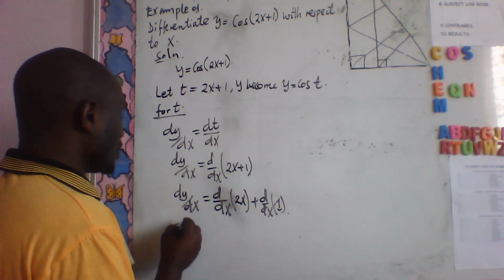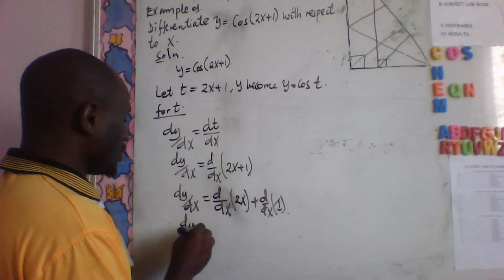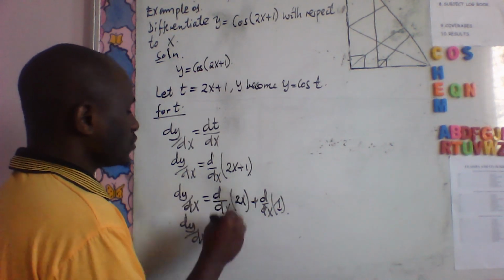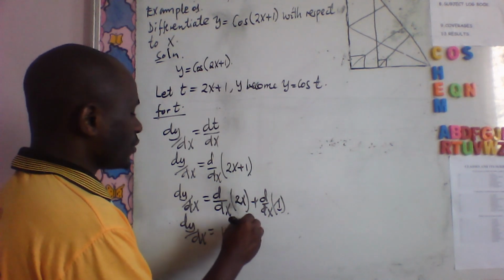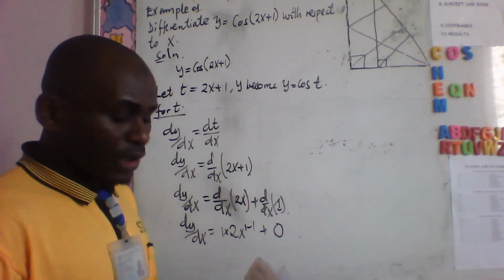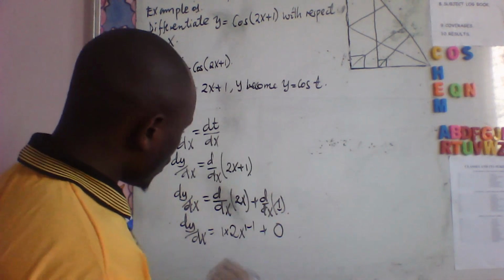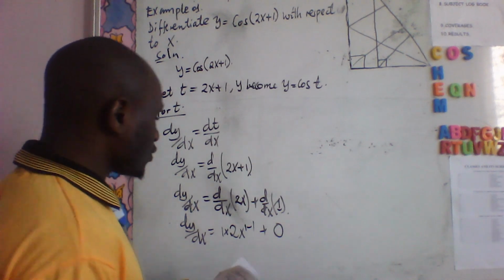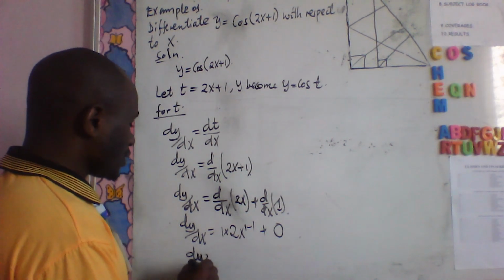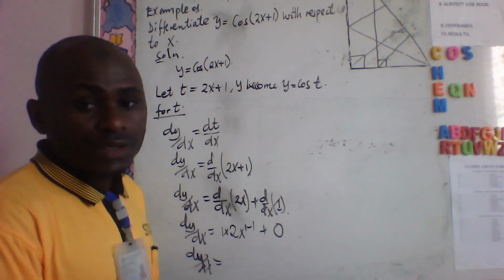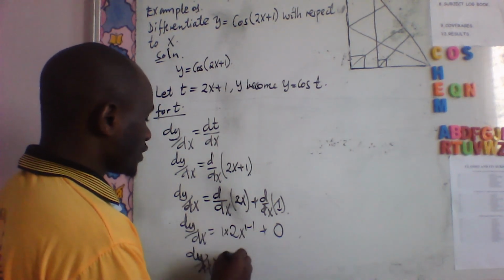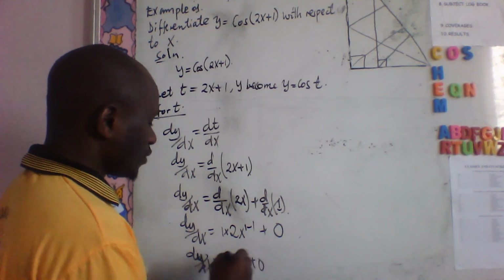Here we end up with dy over dx is equal to 1 times 2x power 1 minus 1 plus 0, which is 2x power 0 plus 0.